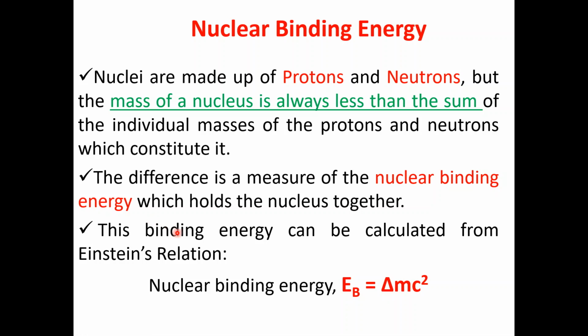And this binding energy can be calculated from the Einstein relation, that is, the nuclear binding energy, denoted by EB, is equal to delta m c squared.